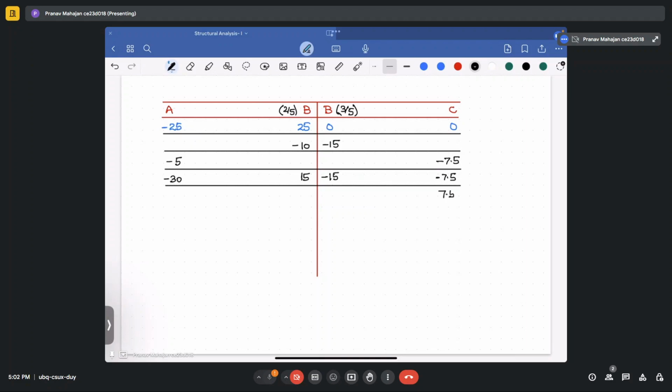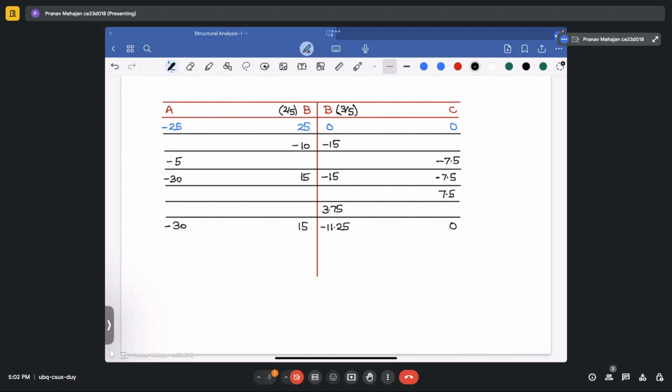If you add 0.75 here, so the another carry forward that will happen, that would be 3.75 here. If 3.75 is added here, so now what are the current values of the moment? So it is minus 30, 15. So that is minus 11.25, and here it would be 0.